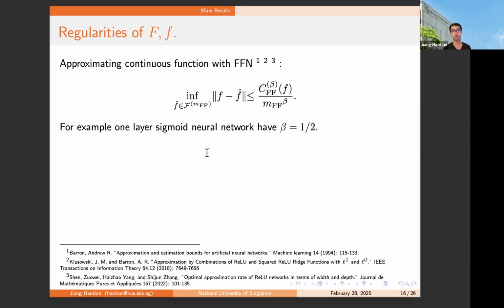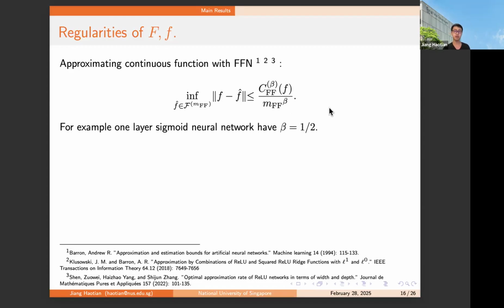Here we do not assume a specific architecture for the feed-forward part, because these approximation results have been developed before, and the rates all satisfy this form. For example, binary sigmoid neural networks have beta equal to 0.5.